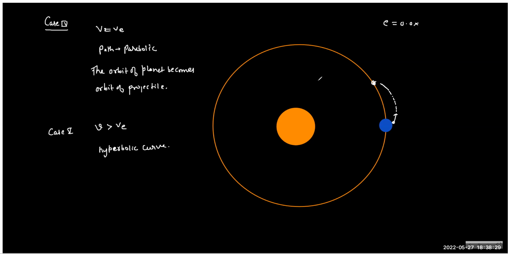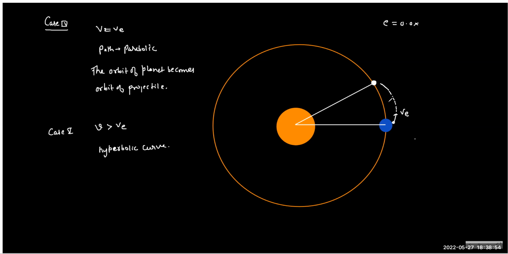So what happens is that if you throw something with escape velocity, it will leave the Earth orbit. So it will leave the Earth's attraction and will follow the trajectory as described by the sun's gravity. So the gravitational force of the sun will decide everything. Understand? Yes.